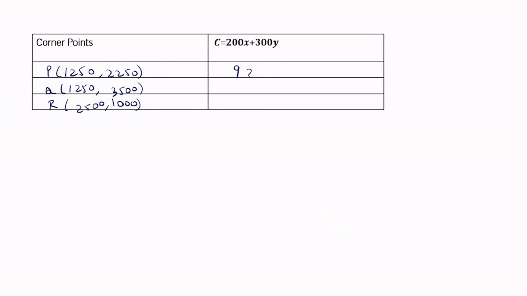So it is equal to 9,25,000. The next one, 200 into 1250 plus 300 into 3500, is 13 lakhs. Then for the next one, when x is 2500 and y is 1000, we have the cost as 200 into 2500 plus 300 into 1000. This is 8 lakhs. So this is minimum.